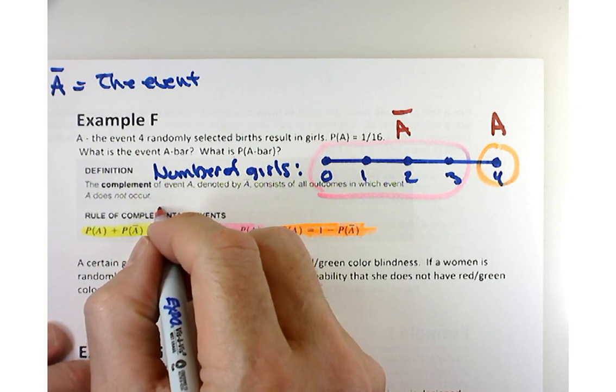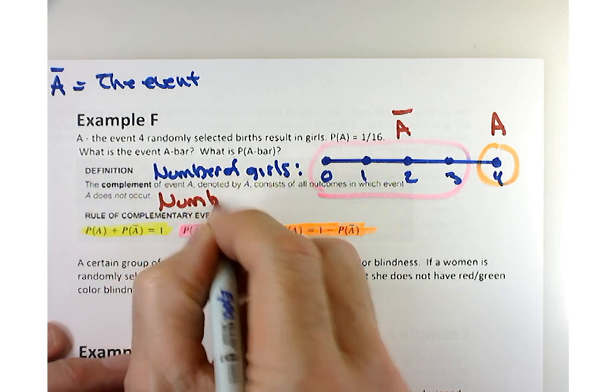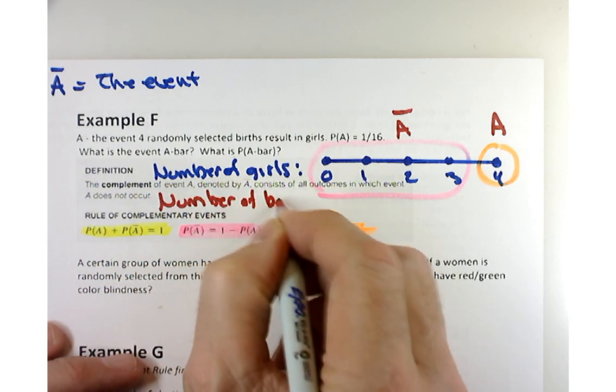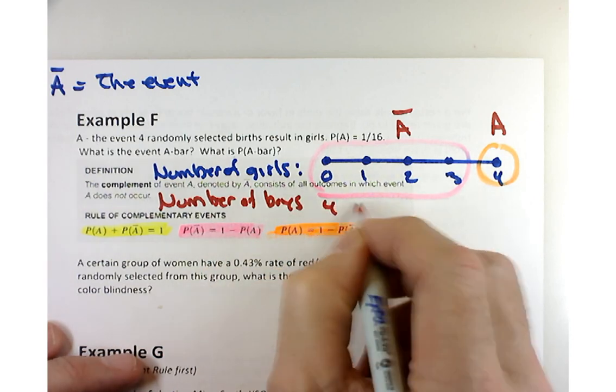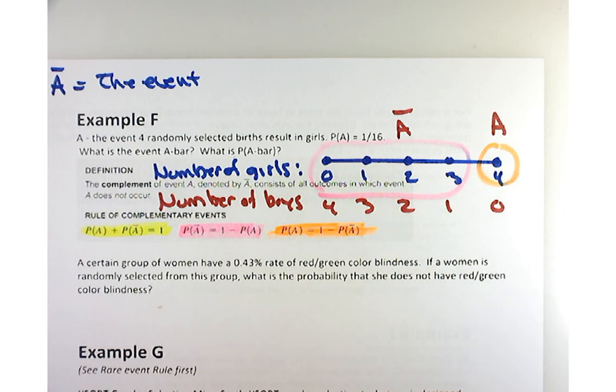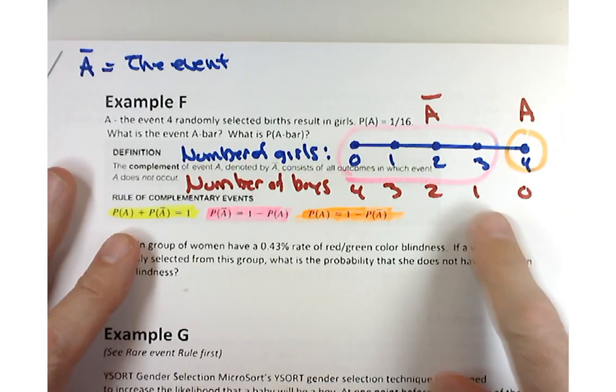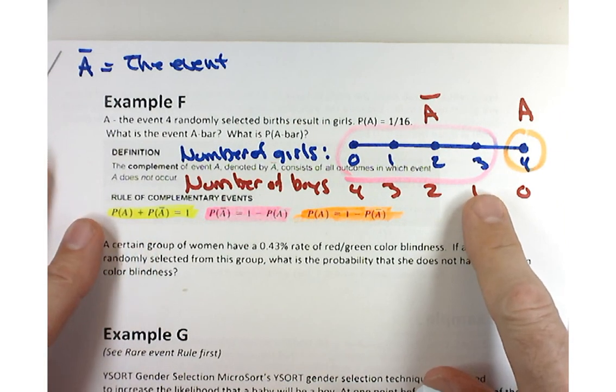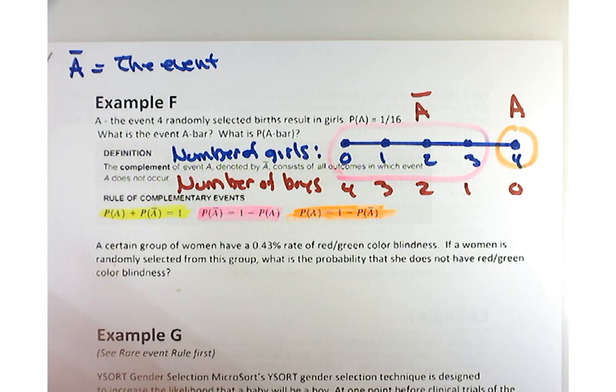For convenience here, maybe I can write the number of boys would be 4, 3, 2, 1, or 0. So there's a couple ways you could write the event A bar.